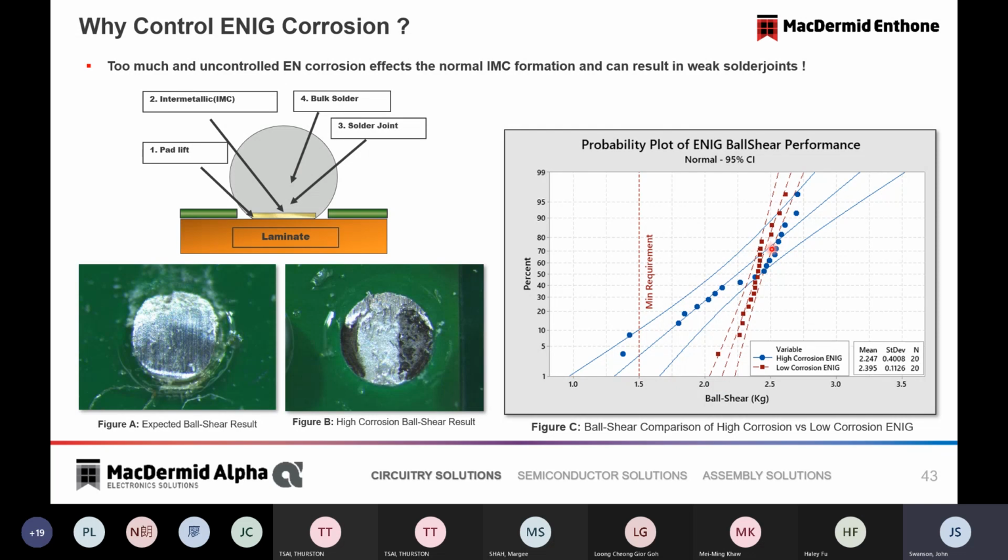And if we measure the ball shear across many samples, we will see that the ball shear force is negatively affected, harmed, or hurt in situations with a high corrosion process.